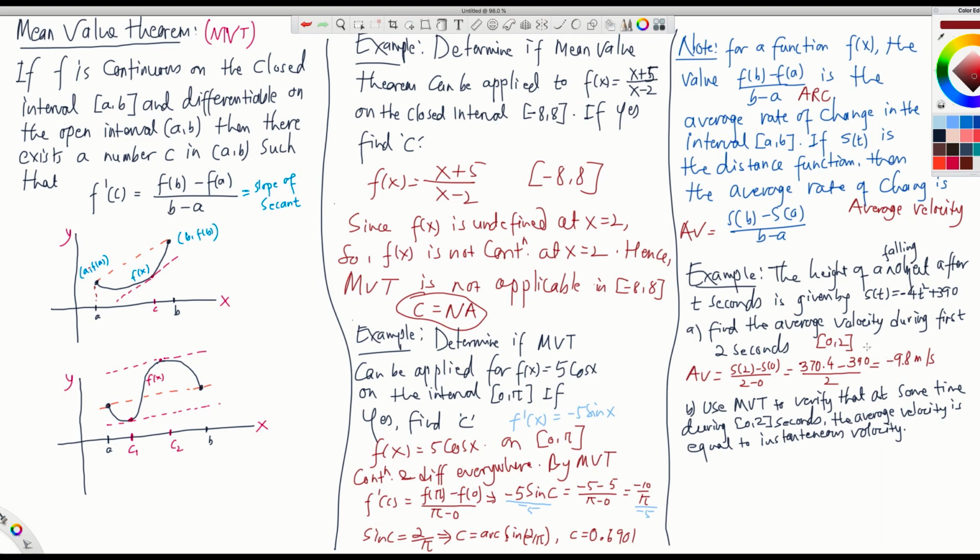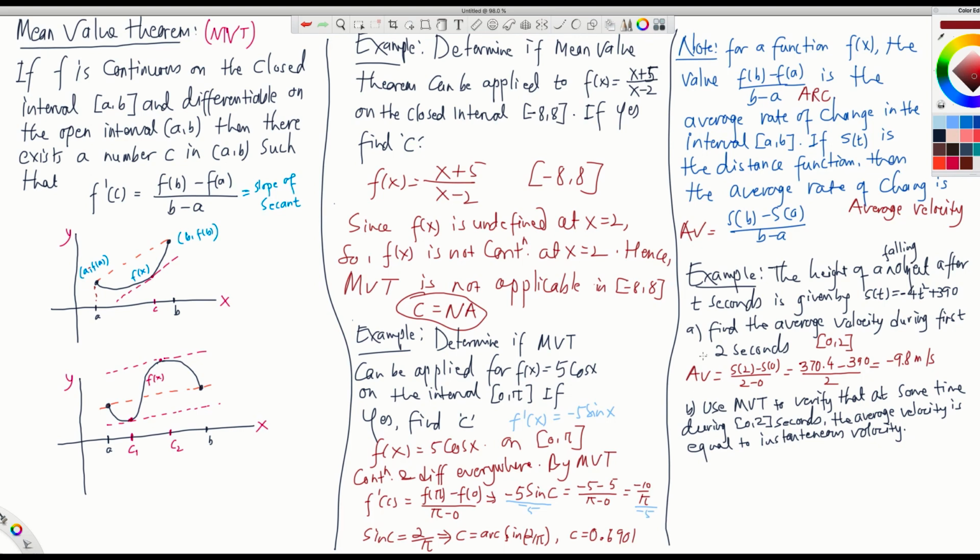Now the next thing is to use the mean value theorem to verify that at some time during 0 to 2 seconds, the average velocity is equal to the instantaneous velocity. Basically, you want to find c here.